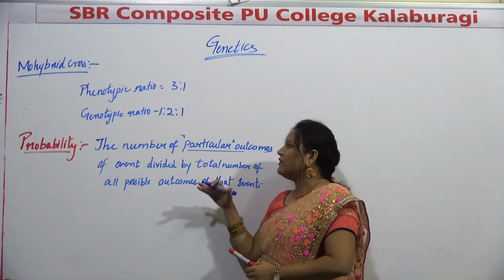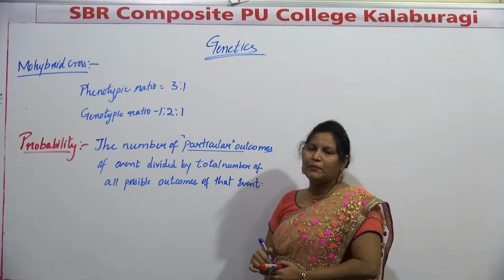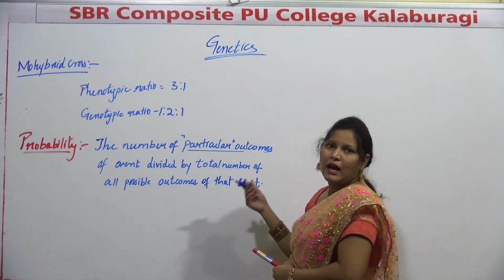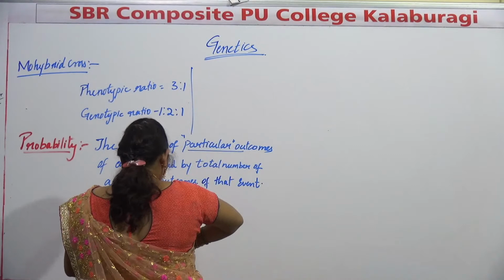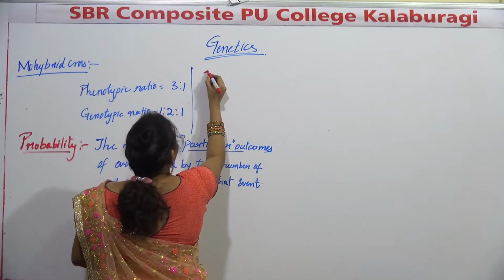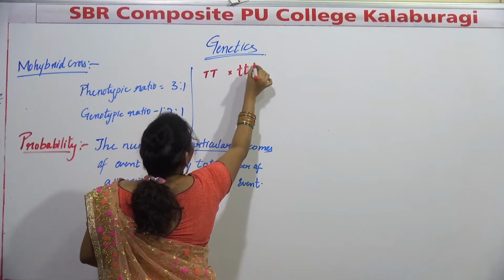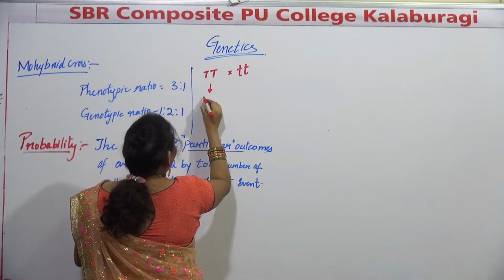How will we apply this probability to the inferences of monohybrid cross? In the monohybrid cross, when Mendel crossed homozygous tall capital T with homozygous recessive, it resulted in the gametes.